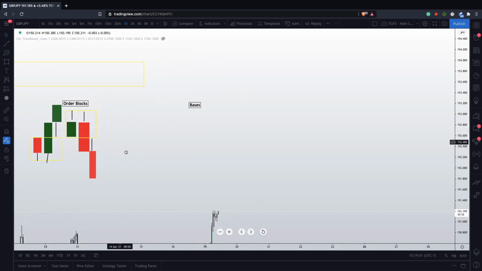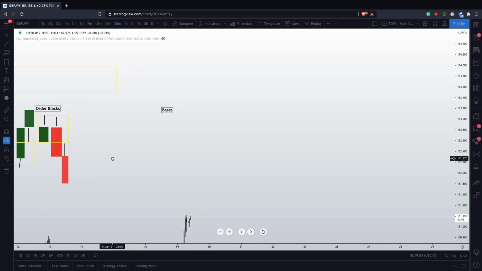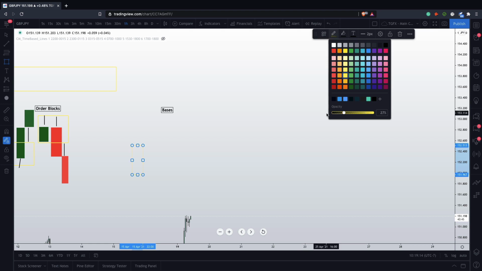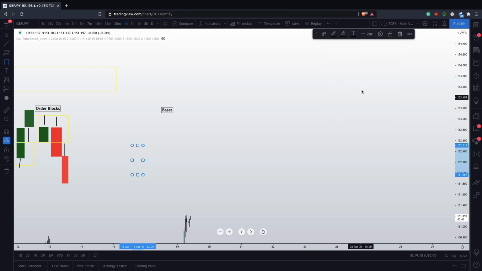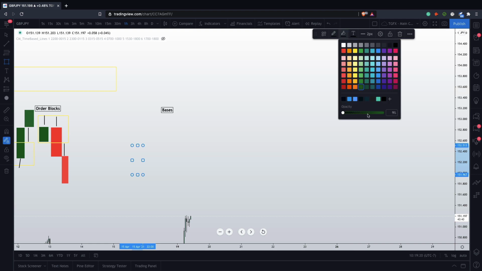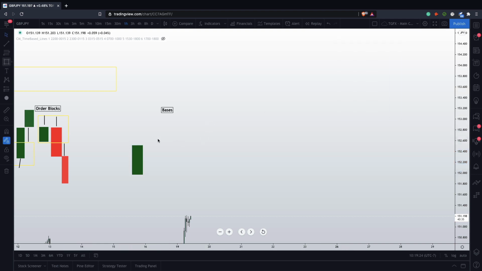All right, so over here, next what we have are the actual bases. All right, so say we have, all right, a green candle, so we have a bullish candle, then we have a bearish candle.